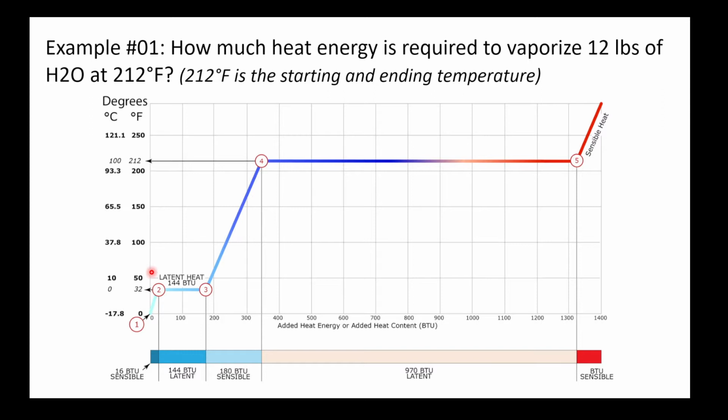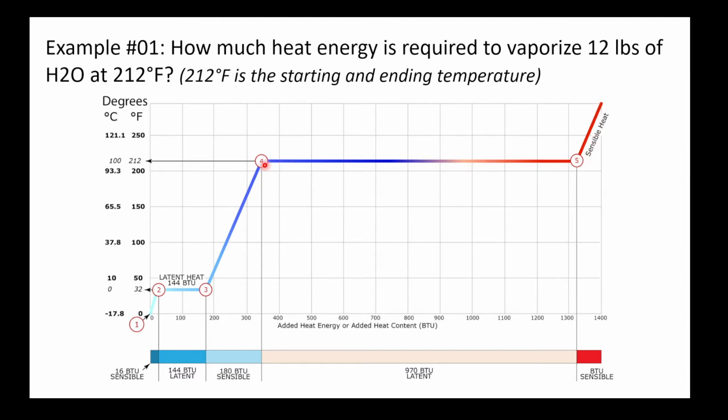In this case, your starting and ending point is 212 degrees Fahrenheit. So obviously, on this graph, you're going to use the distance between point 4 and point 5 because the graph otherwise doesn't have anything that is 212 degrees Fahrenheit.